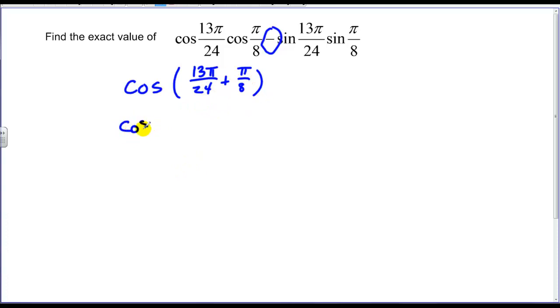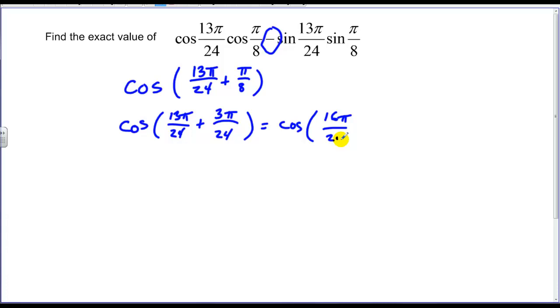I've got the cosine of 13 pi over 24 plus 3 pi over 24, which is the cosine of 16 pi over 24. Luckily that reduces, 8 goes into both, so it's the cosine of 2 pi over 3.